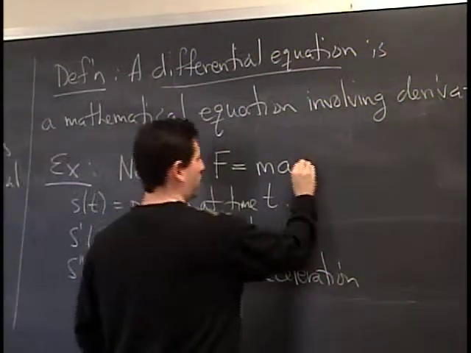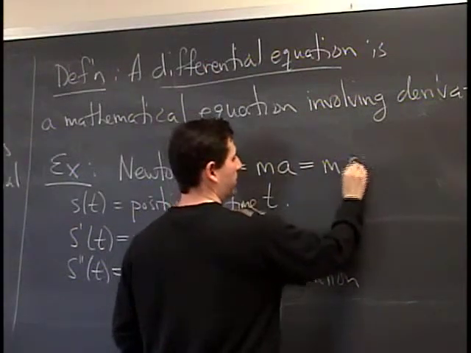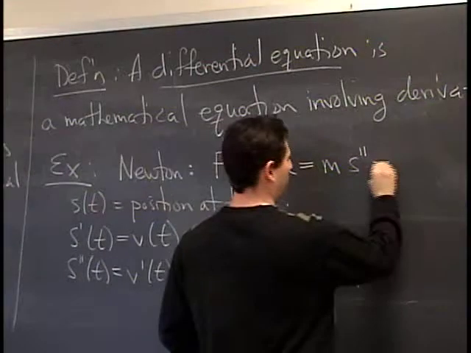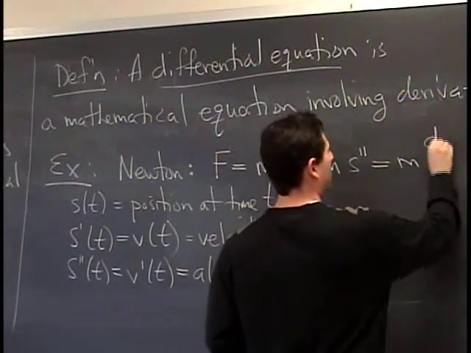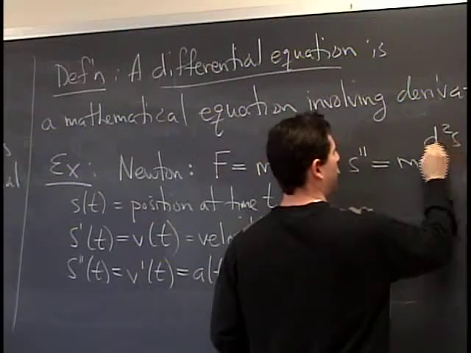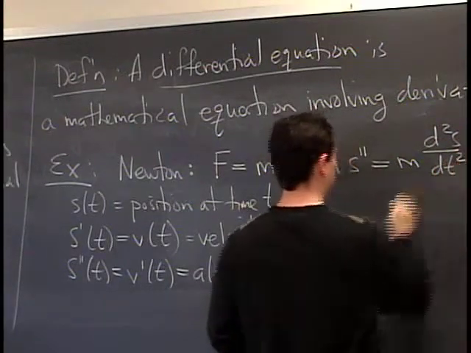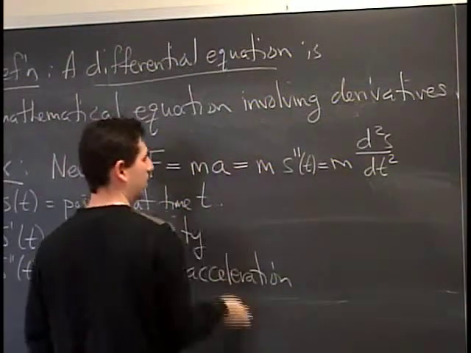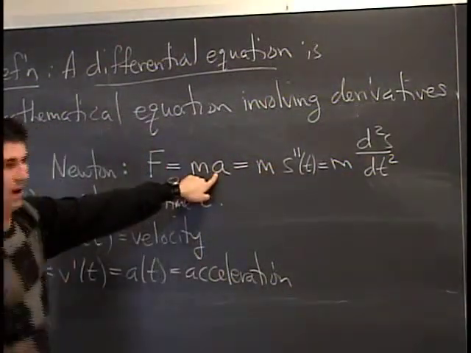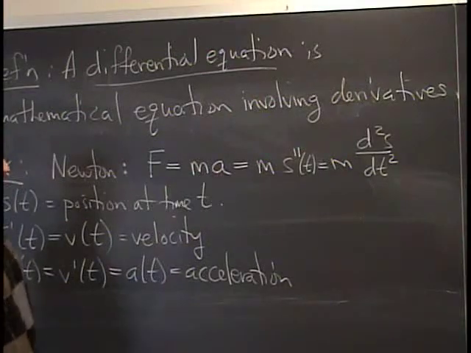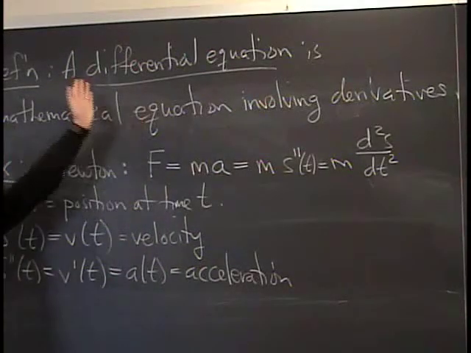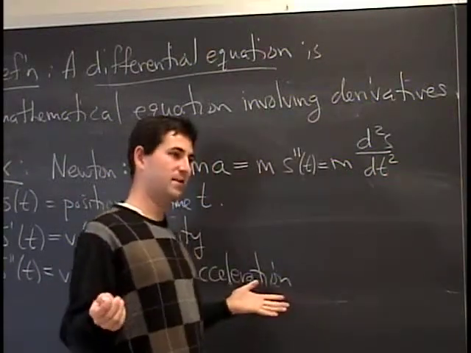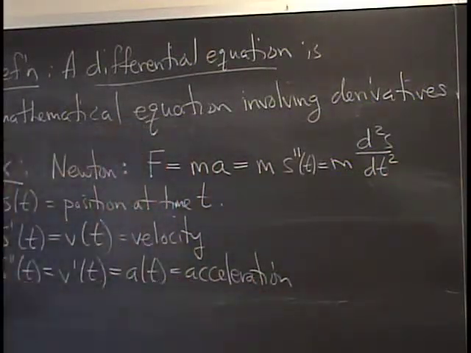So this means I can write MA as m times S double prime, or if you want to write it in this D notation, d squared S by dt squared. Or maybe I'll put t in here so we know we're talking at t. Of course this A is also A at t. So you have some equation that has a derivative in it. That's a differential equation. It's so simple.